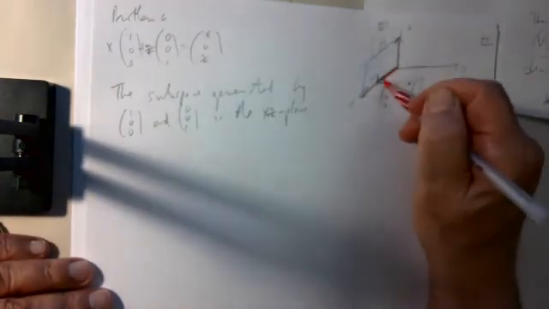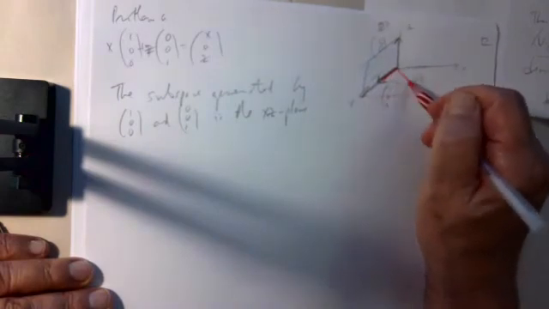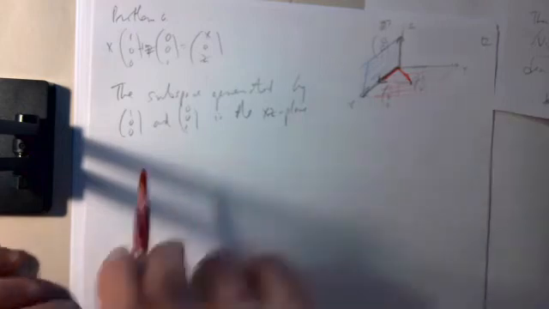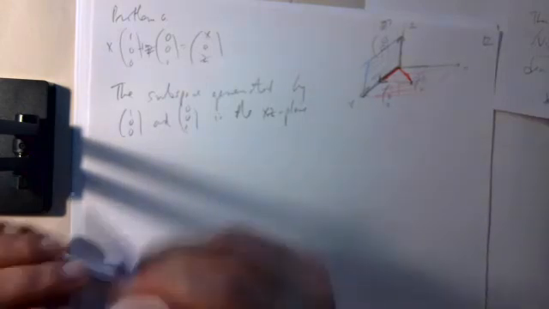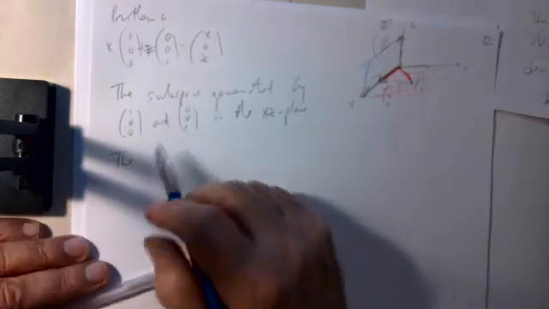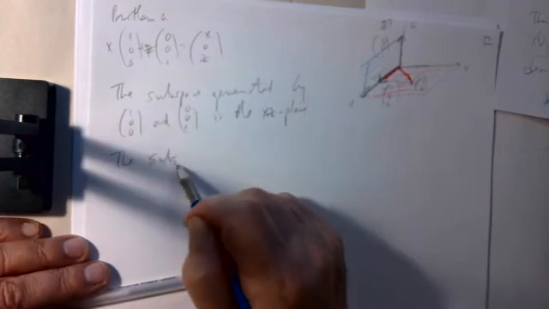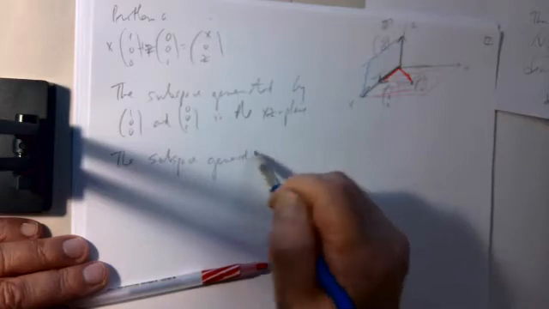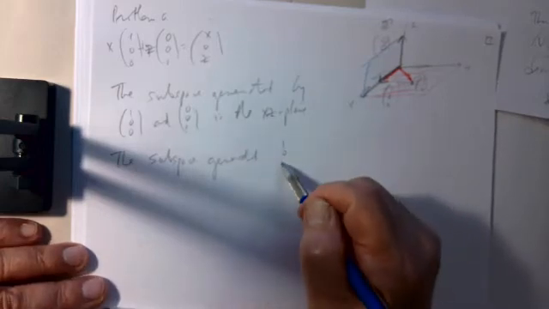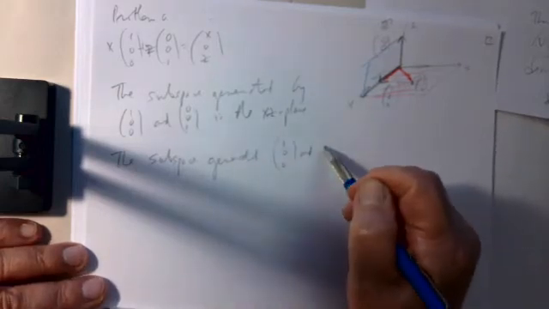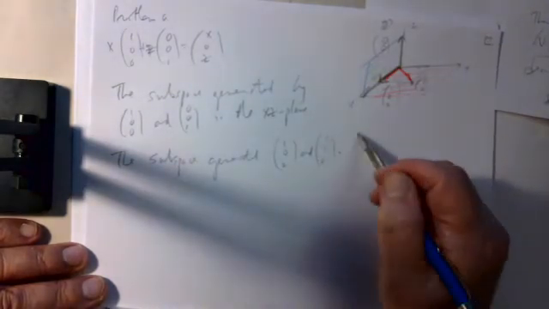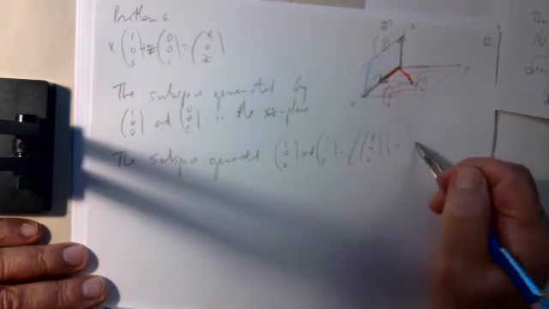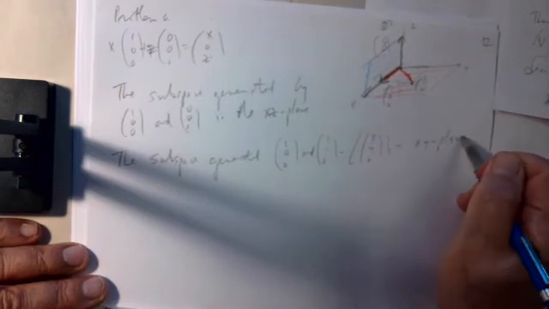So I have this vector in the xy plane and this vector in the xy plane. And all the linear combinations is just the whole xy plane. Subspace generated by 1, 0, 0 and 1, 1, 0. Well, really, you get all vectors x, y, 0. That's the xy plane.